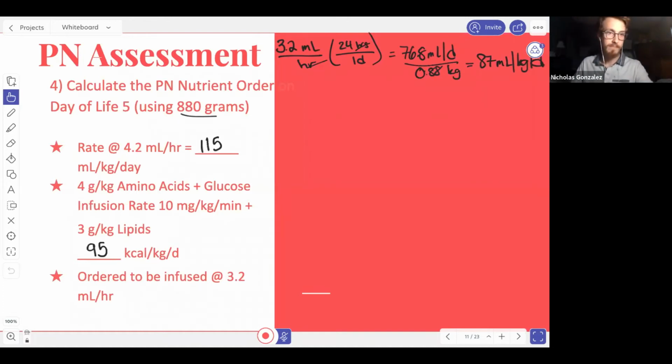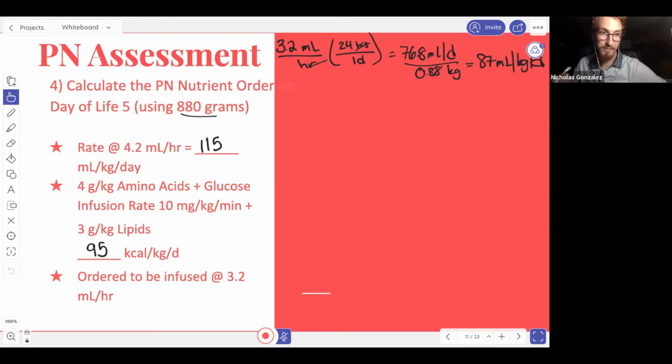Okay. So now that we have that, we can see how many calories the infant is going to be getting based off of the nutrients that are in that bag. We're just going to start with the proportions, a little old school first, and then we'll do the percentage method, which is a lot quicker and a lot easier, but less fun.